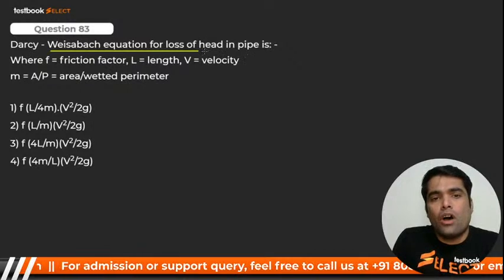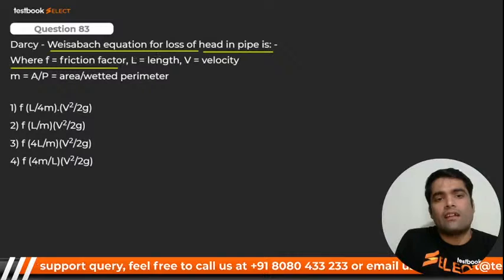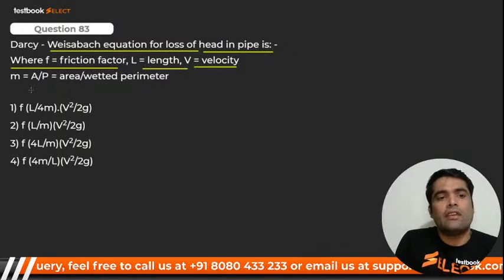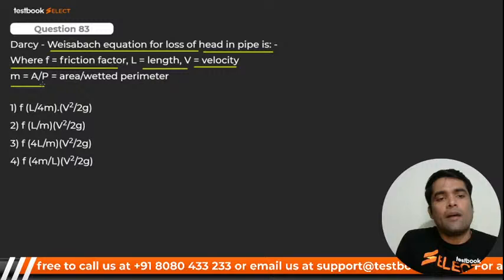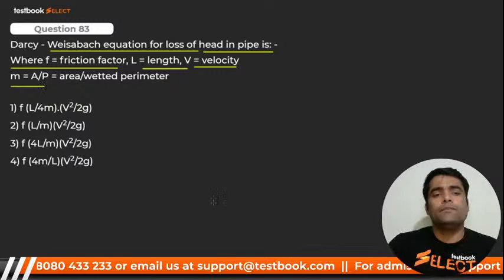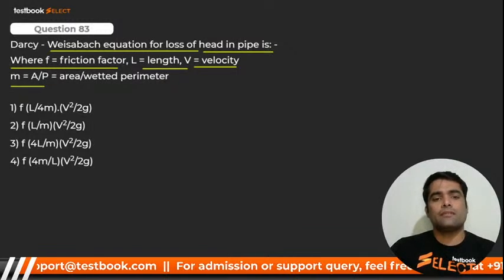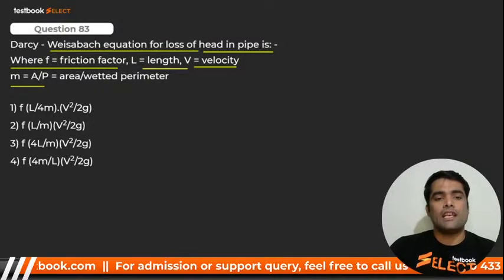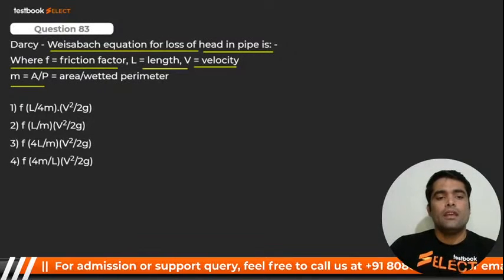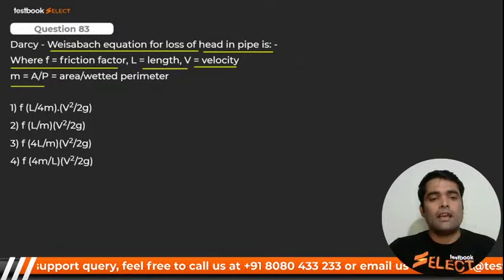Darcy-Weisbach equation for loss of head in pipe, where F is friction factor, L is length, V is velocity upon wetted perimeter. We have to identify which one is correct, my dear. Darcy-Weisbach. Guys, be fast, hurry up a little. What is HF, child? What is it?